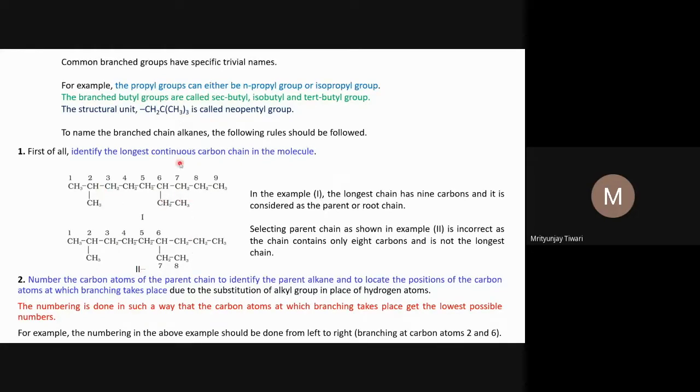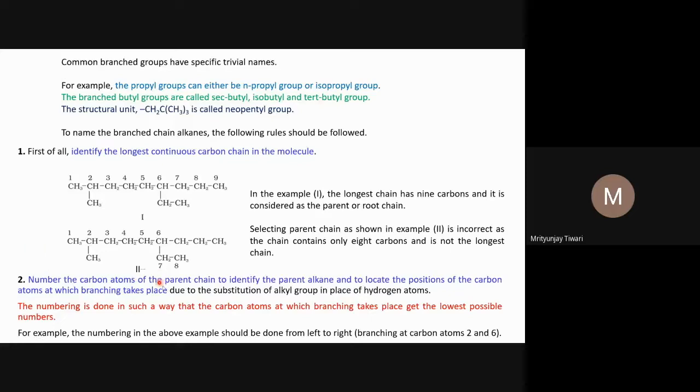Once we identify the longest continuous carbon chain, or the main chain, the principal chain, the parent chain, then we have to do the numbering. We have to number all the carbon atoms, and to number them, we have to follow certain rules.